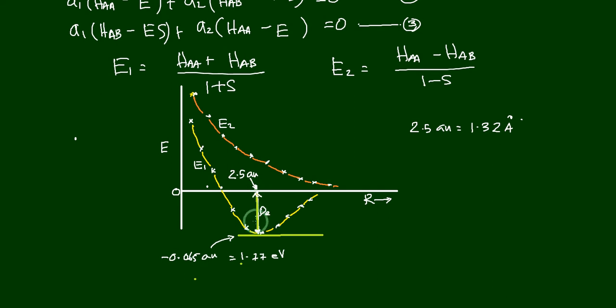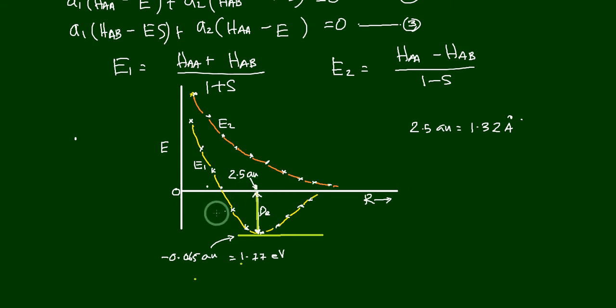We can see that the energy corresponding to the minimum is even less than that of the atomic orbital. It means that when the molecular ion H2+ is formed, it can reach an energy level still lower than that of the atomic orbitals of the hydrogen atoms. So this is a stable situation, attained when the internuclear distance is 2.5 atomic units.